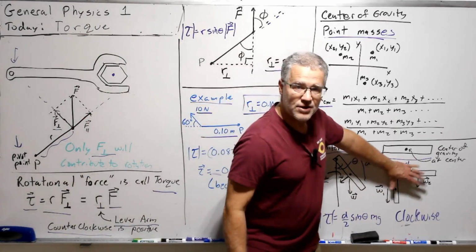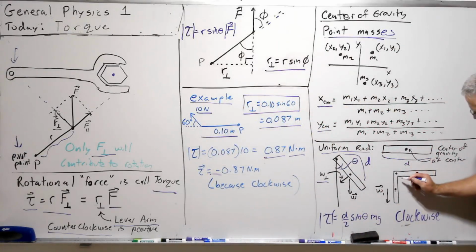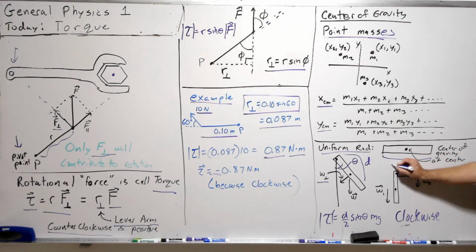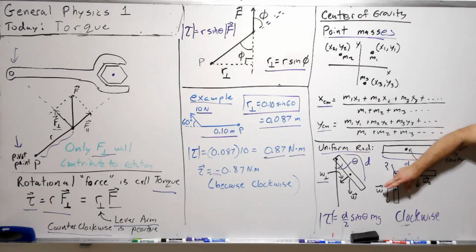We could have an elaborate piece like this. With something like this, what you can do is treat it as two beams. Let's say this one's a little bit longer than this one. And if this is the pivot point right here, we can imagine that it's going to want to swing down this way.